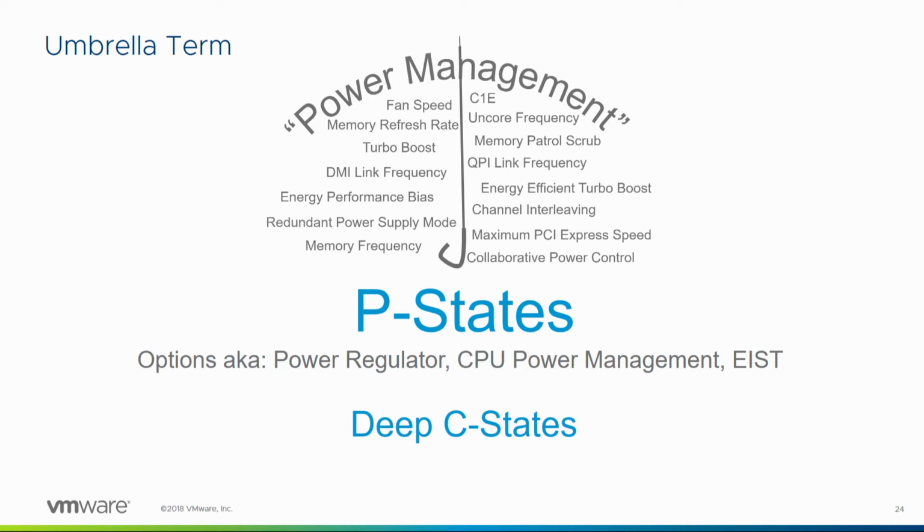Deep C states are only relevant when something is idling, right? So when the idle thread is running, we turn off certain components on the CPU. We idle, and then the CPU turns off certain components, flushes lower order caches into higher order caches to conserve power. So P states is what interests us because that usually has the biggest impact on performance that you don't want, right?